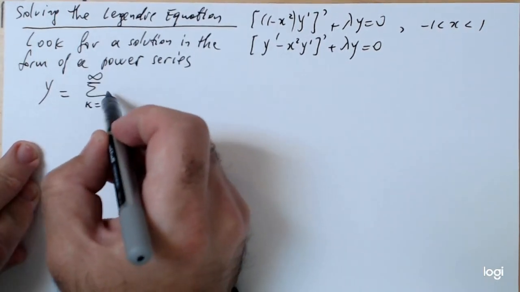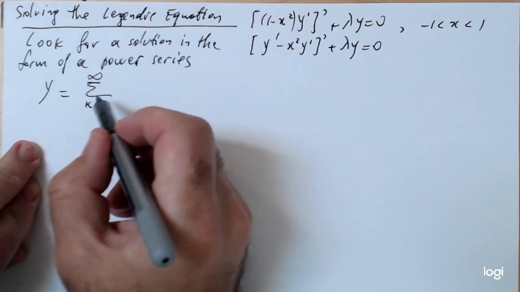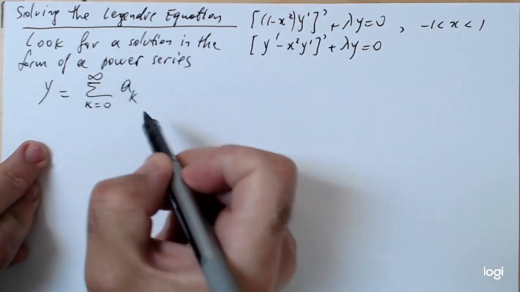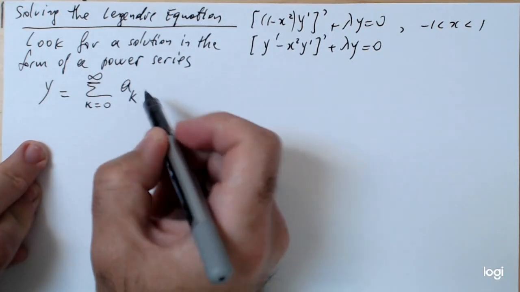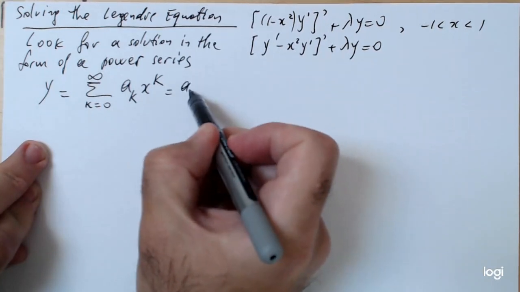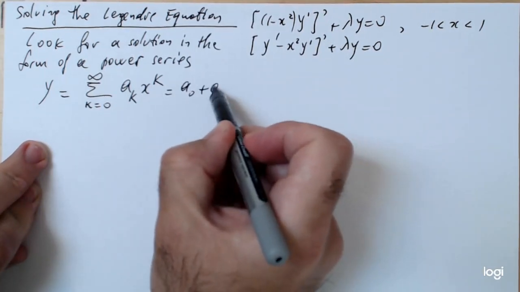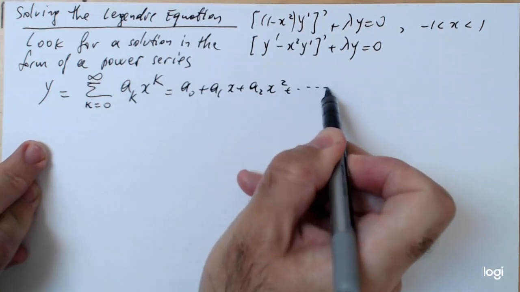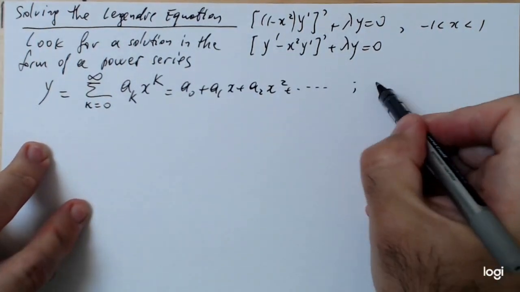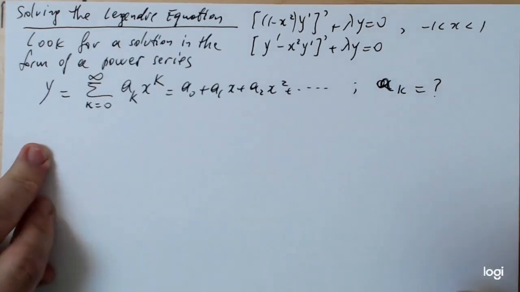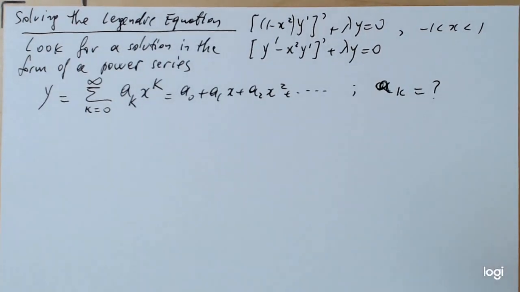This will end up being a polynomial, you'll see later, but for now let's think of a series with some coefficients yet to be determined. So this is basically a shortcut for a0 plus a1 x plus a2 x squared and so on. The question is, can you find these coefficients so that this power series becomes a solution?